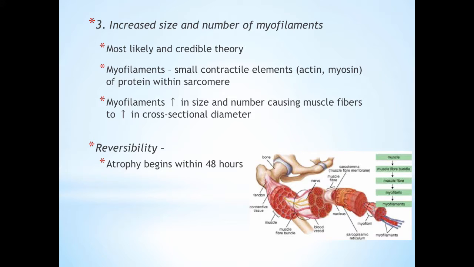So going from greatest to least, you have the muscle, and then the muscle fiber bundle. Inside that, you have the muscle fibers. Inside of that, you have the myofibrils. And then lastly, the smallest unit is the myofilaments, which are the actin and the myosin. And then the myofilaments will increase in number and size, causing the muscle fibers to increase in cross-sectional diameter.